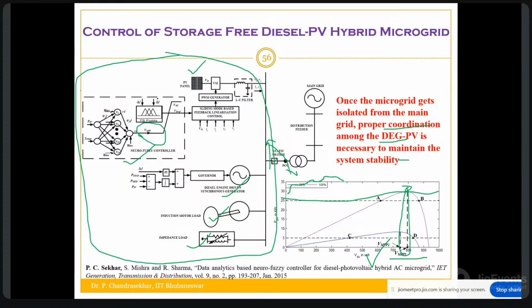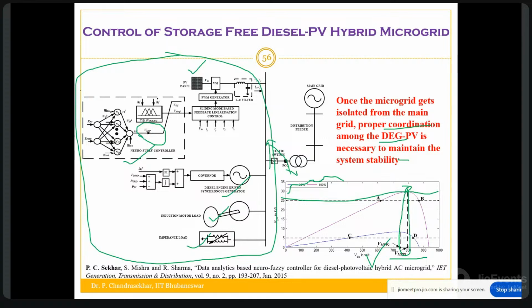The optimization conditions I have used to decide what is to be controlled. Neural network I have used to predict what is the maximum possible voltage. The fuzzy controller I have used to decide within that range at what voltage precisely I should operate my PV generator.